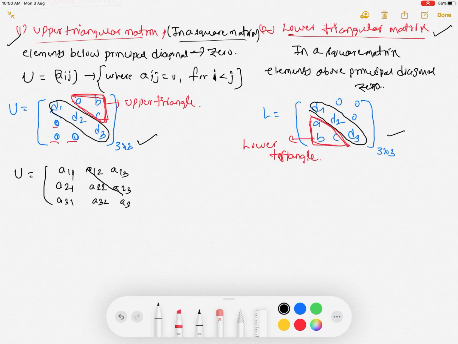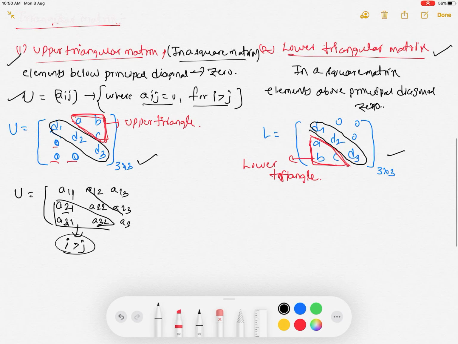So these are not becoming 0, but these are becoming 0 for i greater than j. Everywhere here i is greater than j. That's why Aij is becoming 0 for i greater than j, and that's why this is called an upper triangular matrix. The general expression will be denoted like this.